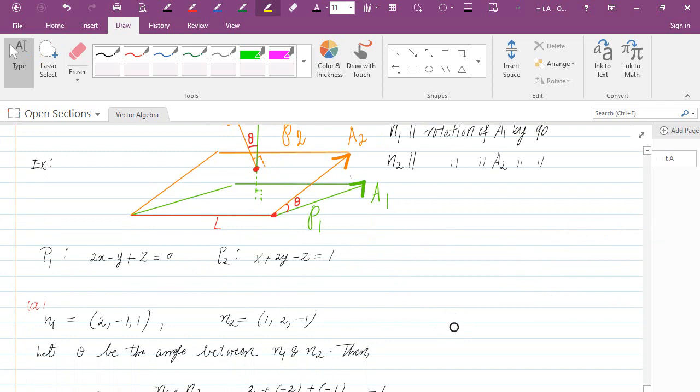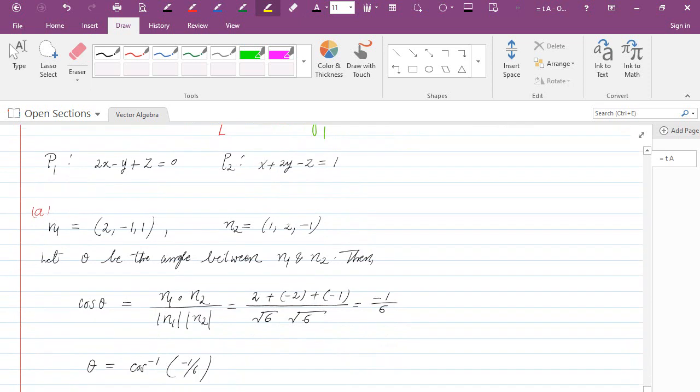Well, in order to find a normal vector for P1, we just read the coefficients of x, y, and z. So 2, -1, and 1. That's a vector that is normal to the plane P1. And for P2, if we look at the coefficients of x, y, z, we get 1, 2, and -1. So this is a normal vector for the plane P2.